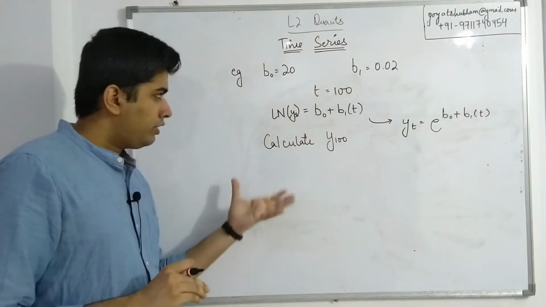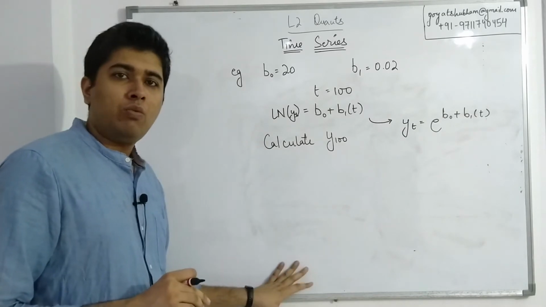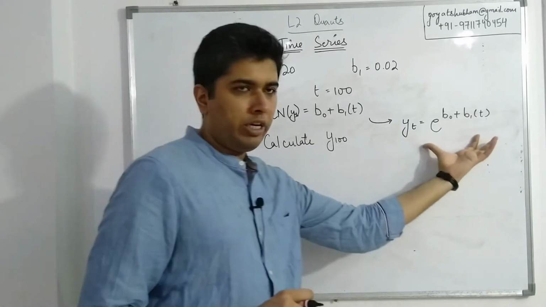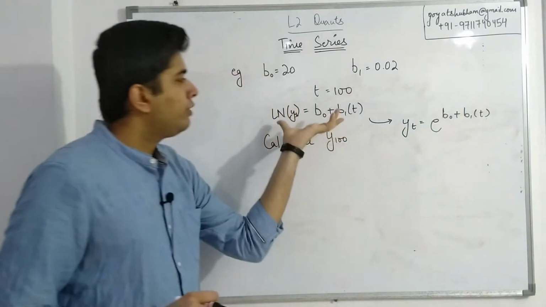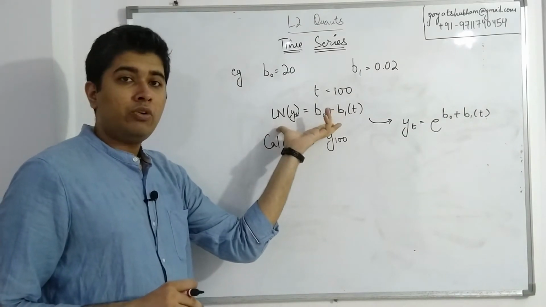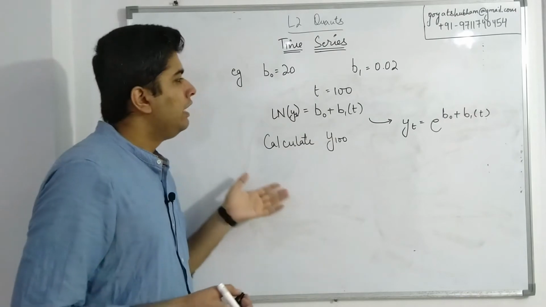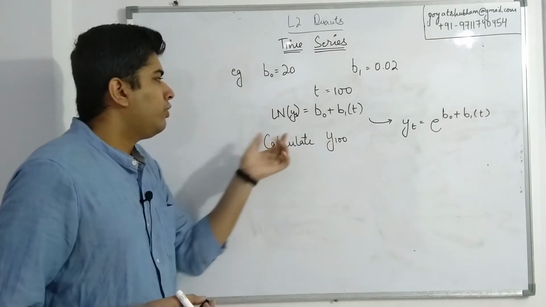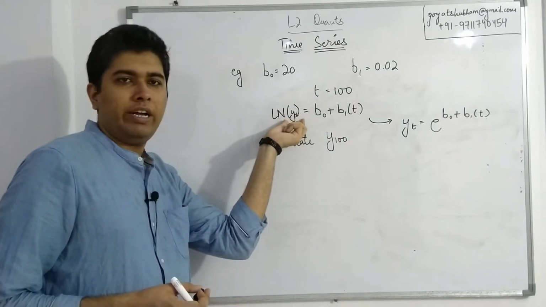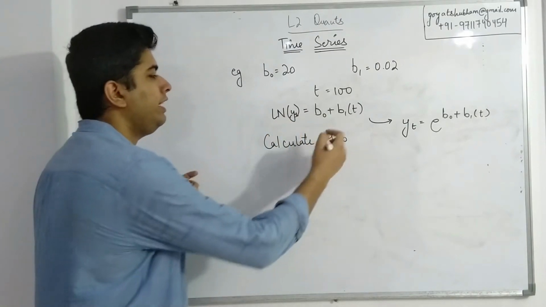Now, if you remember, in the previous section, this was the actual relation and we converted it to a linear format so that we could use regression to still perform our analysis. But now, because I have to get the value of y100, I basically need this value.